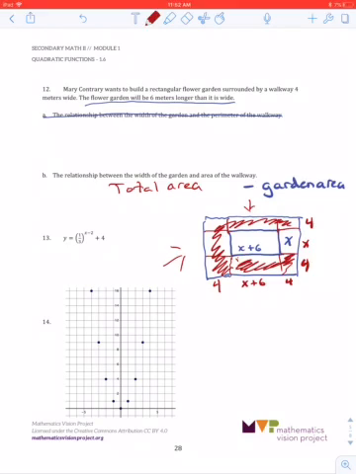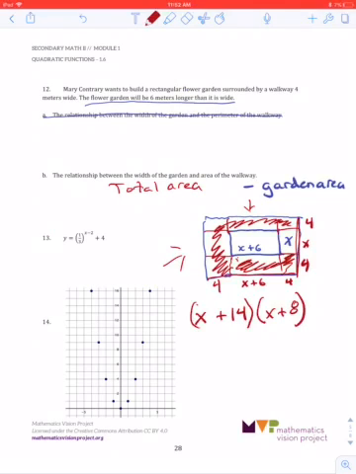That would be length times width. The bottom of this, if I combine all that together, is x plus 14. I trust you guys at combining like terms enough to do that. And then the width is times x plus 8.